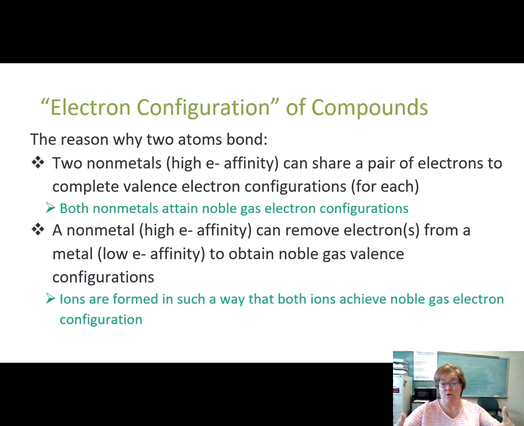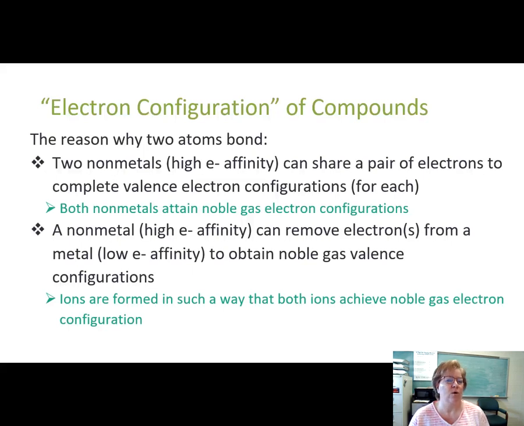So we have two nonmetal atoms attaining noble gas electron configurations. Neither really gained any, but because they both count that shared pair as two electrons of their own, they end up with the effect of having gained electrons, even though there was no actual gain.